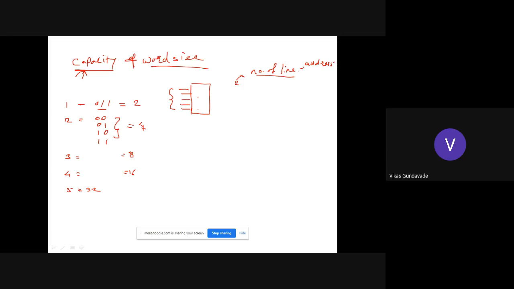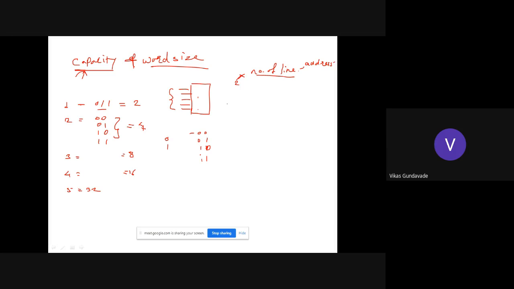For a single line, we can represent it by either 0 or 1. If we have two lines, the addresses are 0 0, 0 1, 1 0, and 1 1. Similarly, if we have three lines, then 0 0 0, 0 0 1, 0 1 0, and so on. So according to the number of lines, the capacity of memory is decided, and it is represented by 2 raised to x.